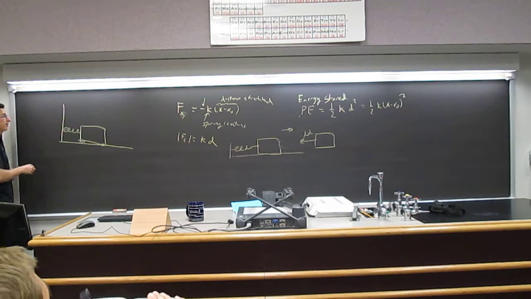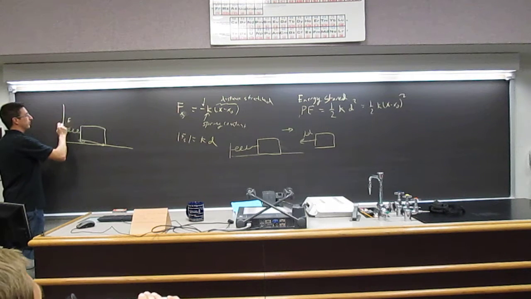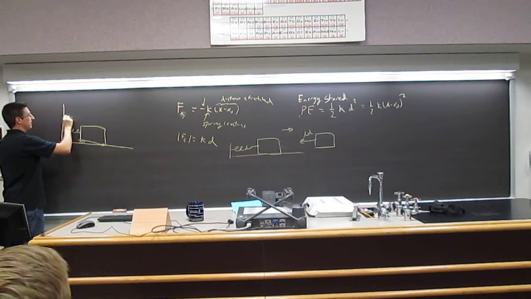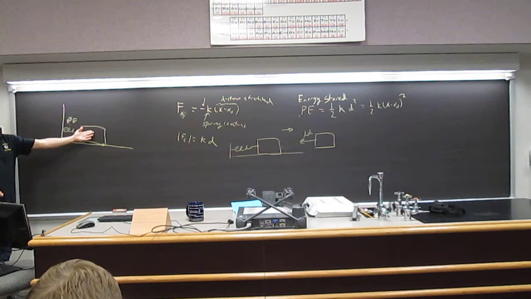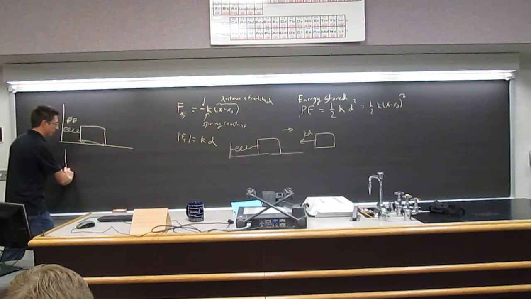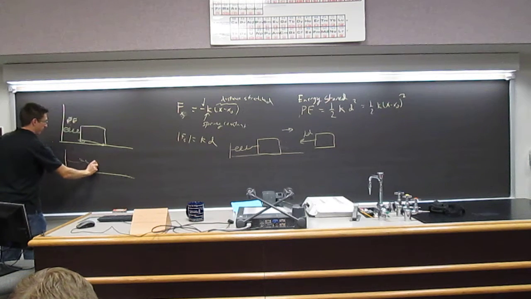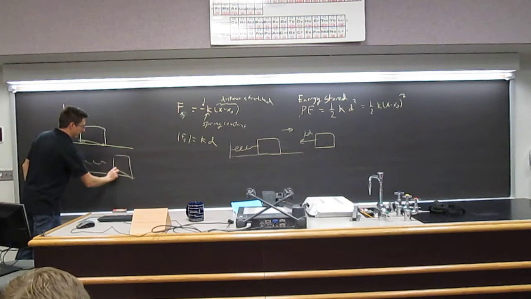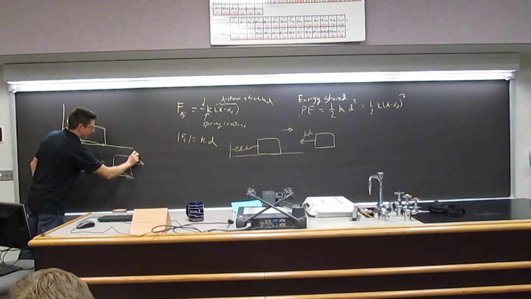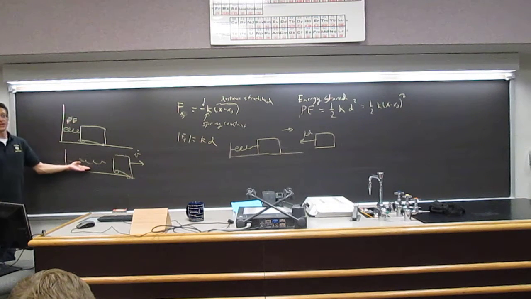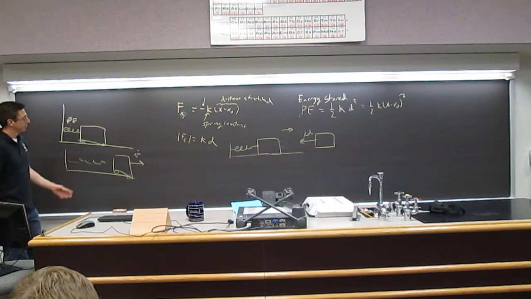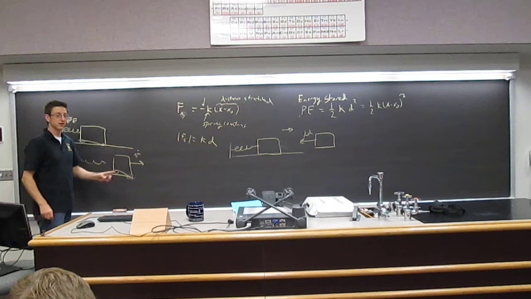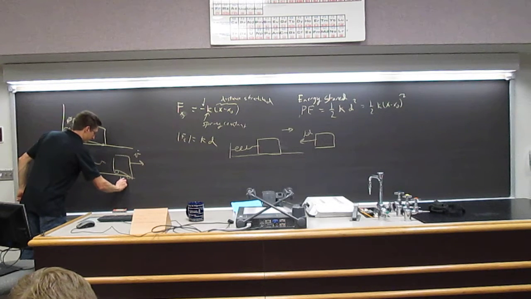Well, if I compress a spring, there's energy stored in the spring, so PE. And if this thing's at rest, there's no kinetic energy. After I release the spring, the spring's out like this, and this thing's moving with speed v. Here there's no potential energy, the spring's not compressed, but I have some sort of kinetic energy.